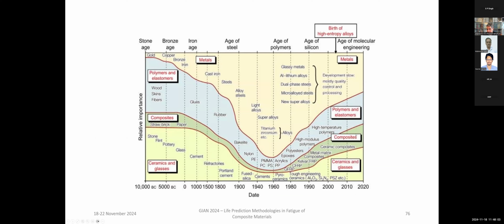We are in this period of time where composites are used massively. You see this green part here, used massively in several engineering applications, and especially there are some applications that wouldn't be able to be manufactured or designed without composites, like wind turbine rotor blades.